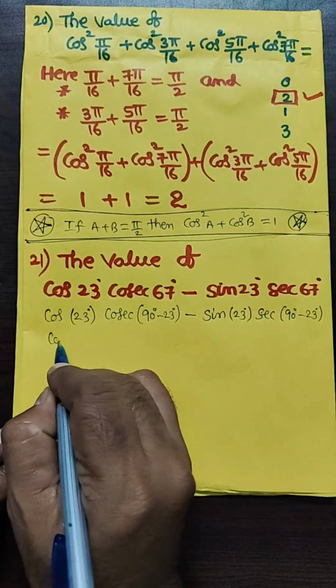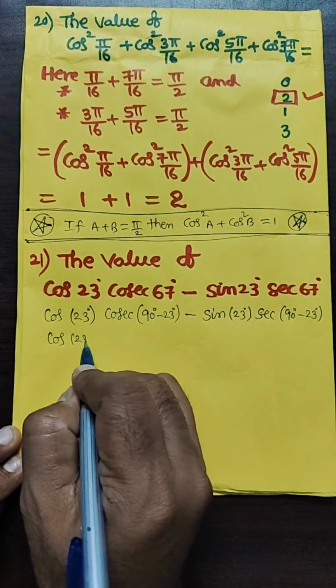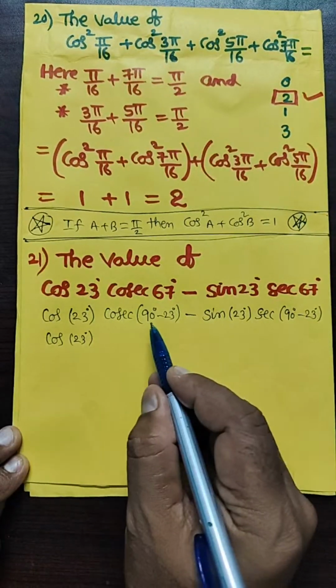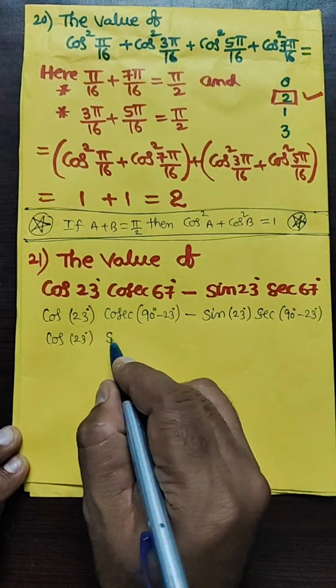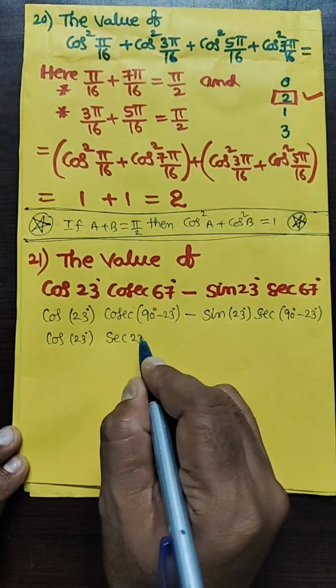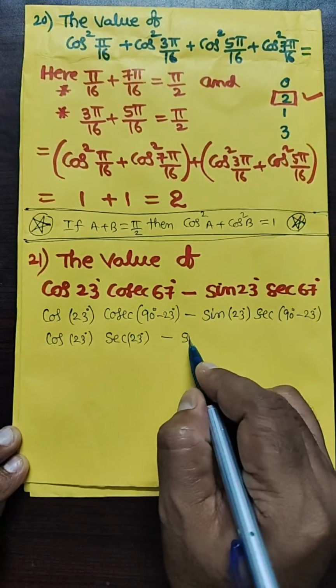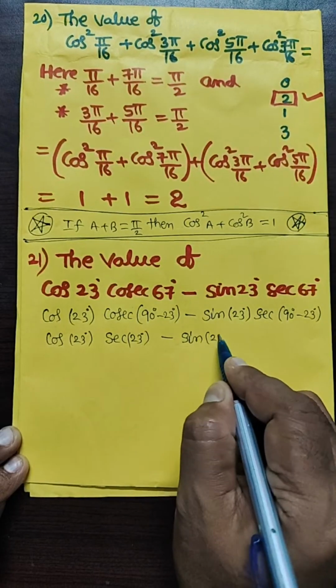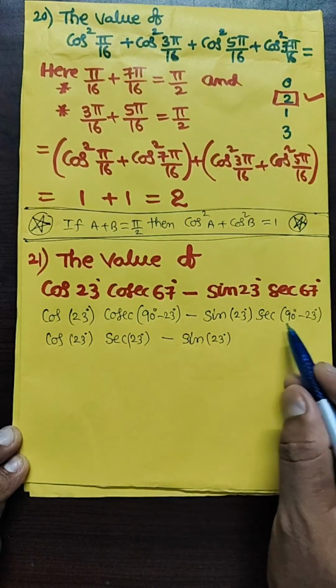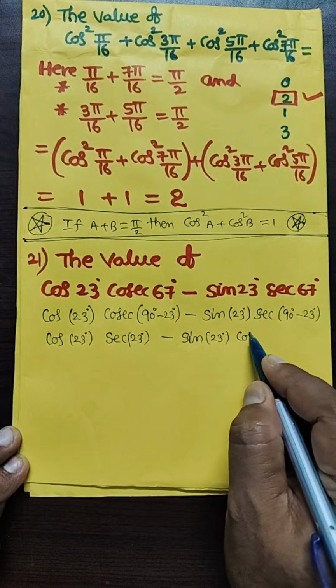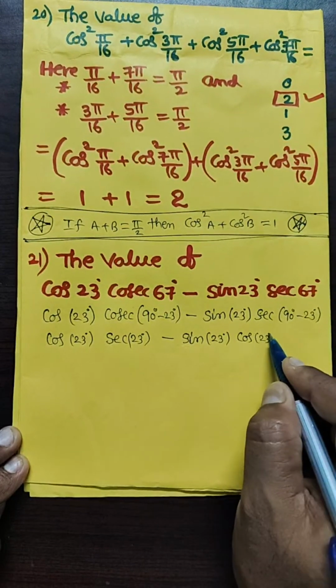So cos 23 degrees, cosecant of 90 minus theta, secant 23 degrees, minus sin of 23 degrees, secant of 90 minus theta, cos 23 degrees.